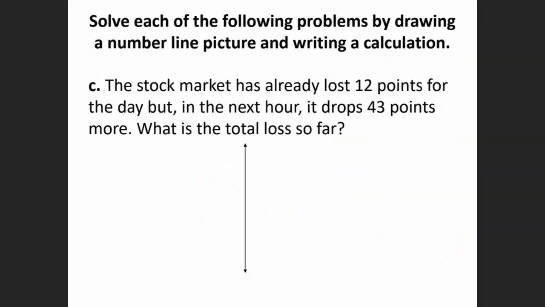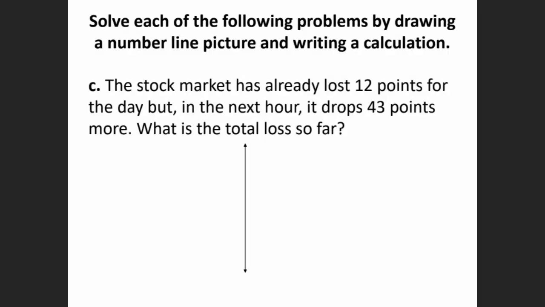Now, stock market time. Everybody knows the stock market is going up and down. Now, it said the stock market already lost 12 points for the day. But in the next hour, it drops 43 points. Now, notice it's saying total loss.